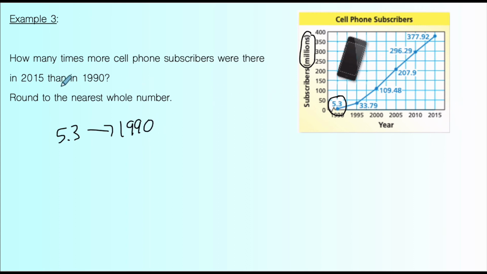And we're comparing that to 2015. So if I go to 2015, it's right here. In 2015, 377.92 million people. It's a big difference. We're in the hundreds of millions compared to just 5 million, which makes sense. Pretty much everyone has a cell phone these days.